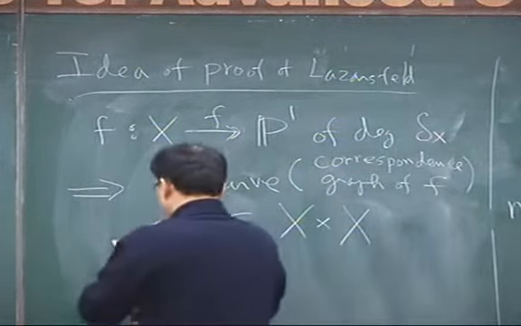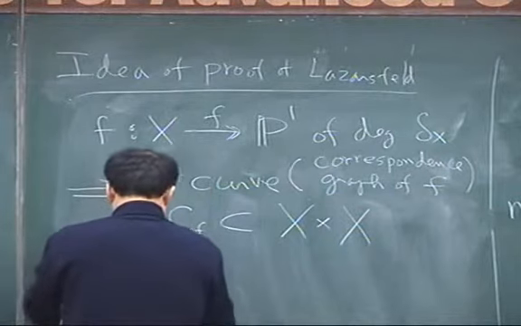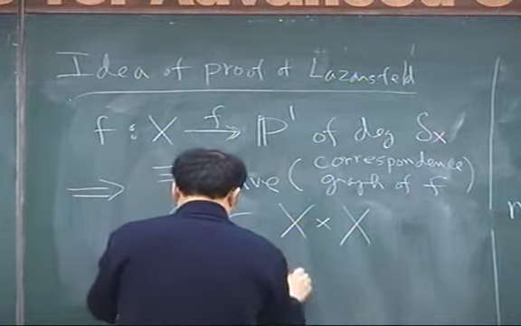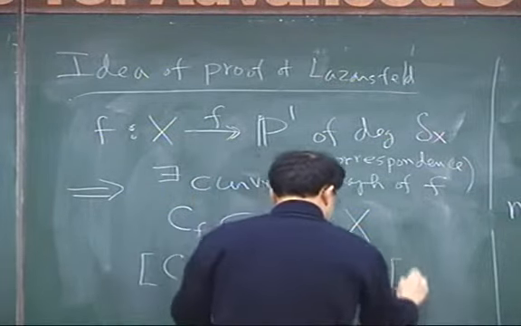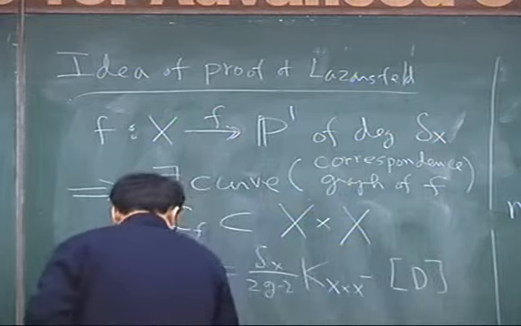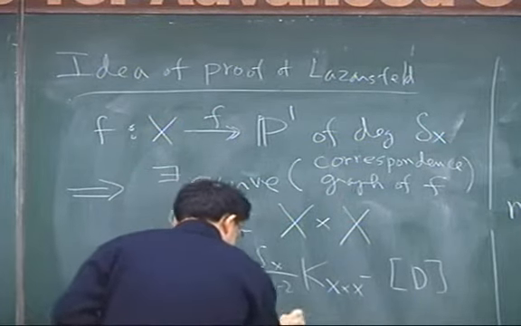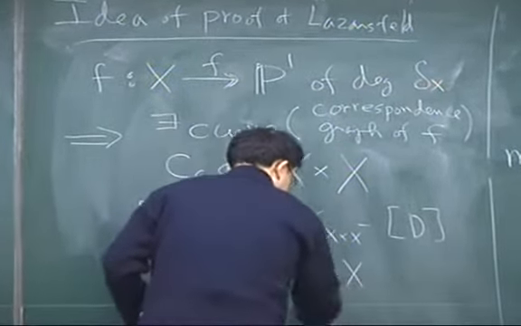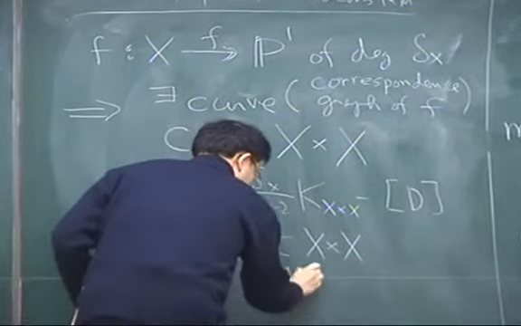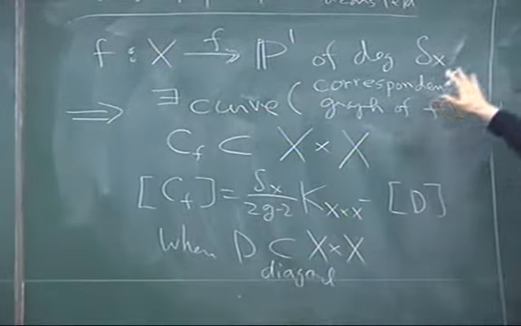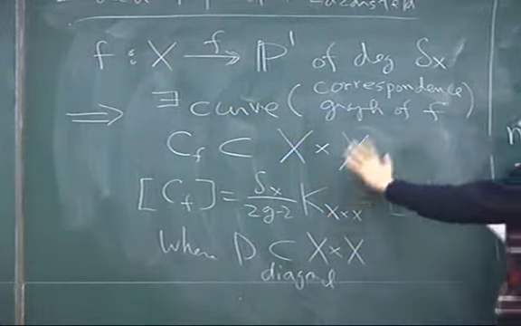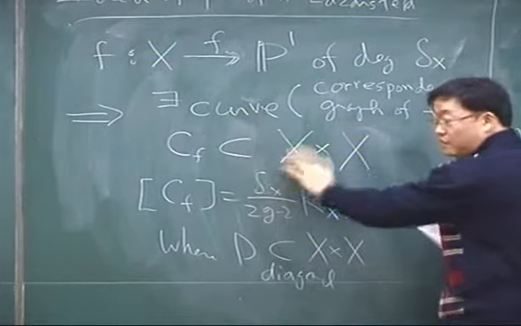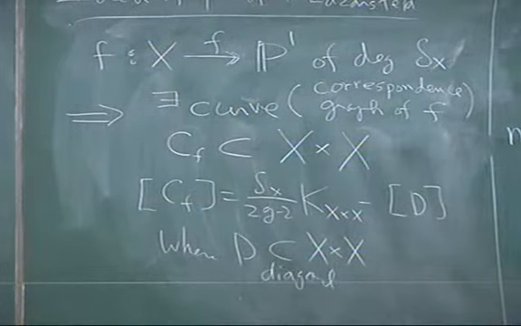The cohomology class of this curve you can calculate easily, where D is the diagonal. This is what you use out of gonality to deduce the existence of such a curve with such property. And then the rest is easy now.